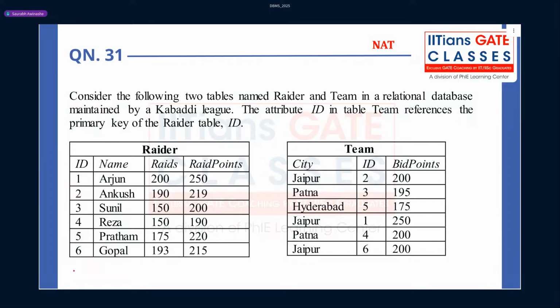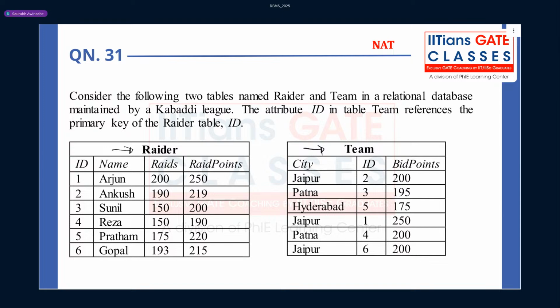Okay. So this next question is the numerical answer type question, and it was based on SQL. So we'll quickly look at this question. In this one, we are given two tables. The first table is Raider, and the second one is Team.